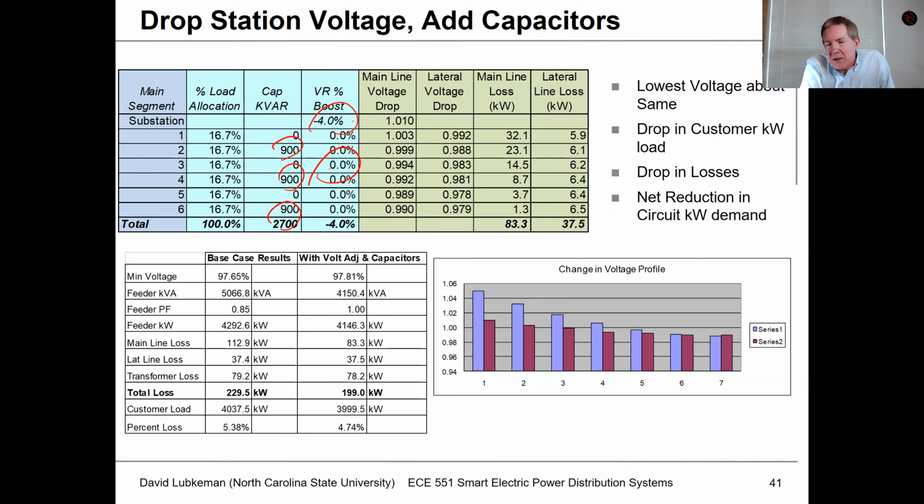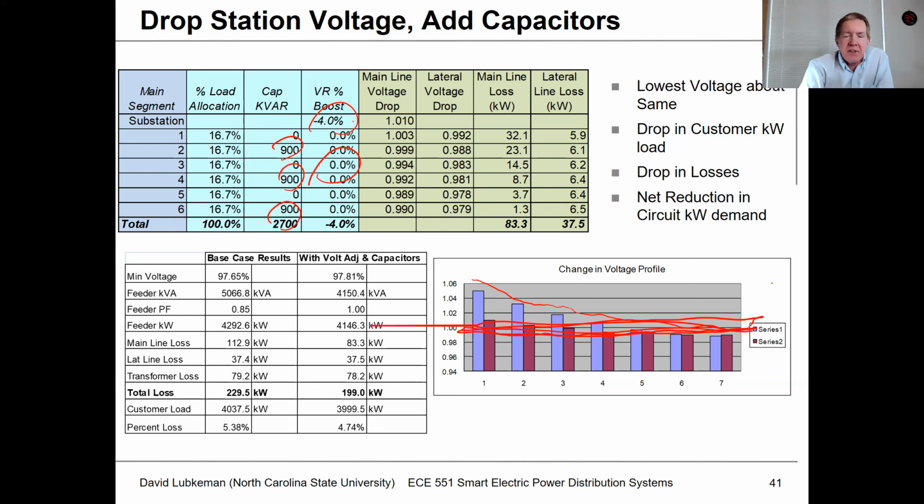And what you get, starting with what we have in purple, which is kind of a drop as you go down the length of the feeder, you can see if I drop the substation voltage and I put those capacitors in, what I'm doing is leveling out this voltage. And so I'm actually dropping the voltage toward the top of the feeder, and I'm boosting it up a little bit toward the end.